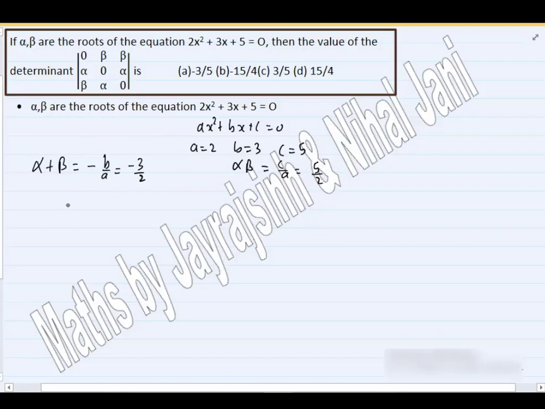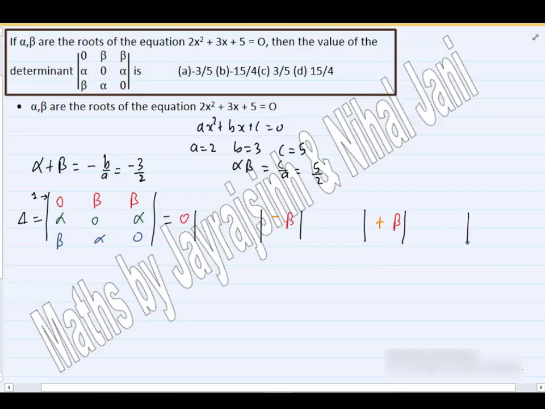So let's find out the value of the determinant. Our determinant is 0 beta beta, alpha 0 alpha, and beta alpha 0, right? So let's expand with respect to the first row. So 0 times determinant, minus beta times determinant, and finally plus beta times determinant.